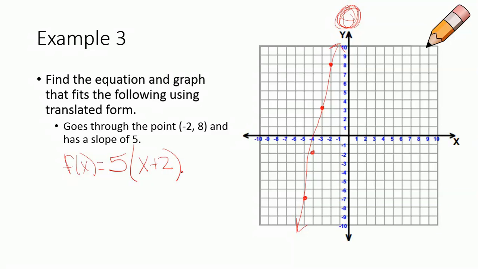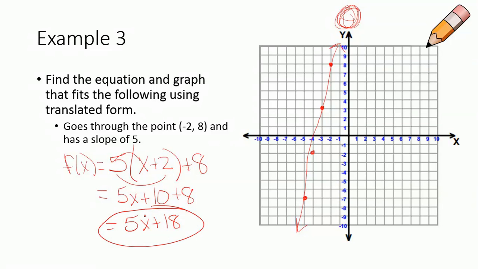Because we moved left 2, and then plus 8. Let's get into y equals form. So distribute my 5 in, we'll get 5x plus 10 plus 8, or 5x plus 18. Imagine trying to figure out that y-intercept from my graph. Whew, that would have been hard.